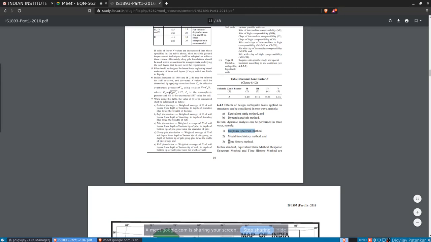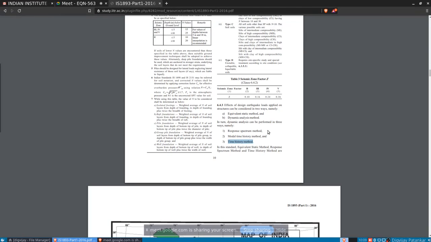The time history method you will most likely see in theory of vibration, because you need to understand all those details over there. So the time history method will not be discussed here. Of course there is very little explanation of the time history method available in the code as well, but we will discuss only the equivalent static method and response spectrum method.